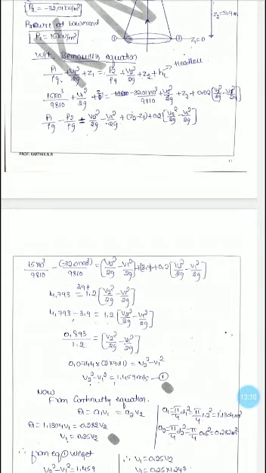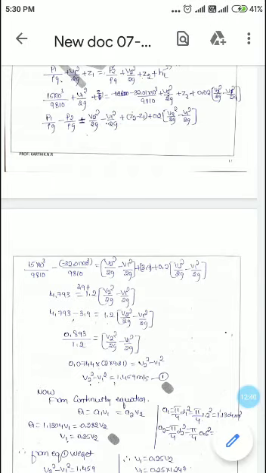In this equation, V1 and V2 are both unknown values. This equation can be solved by writing the similar terms on one side. That is, P1 minus P2 divided by rho g is equal to V2 square by 2g minus V1 square by 2g plus Z2 minus Z1 plus 0.2 times V2 square by 2g minus V1 square by 2g.